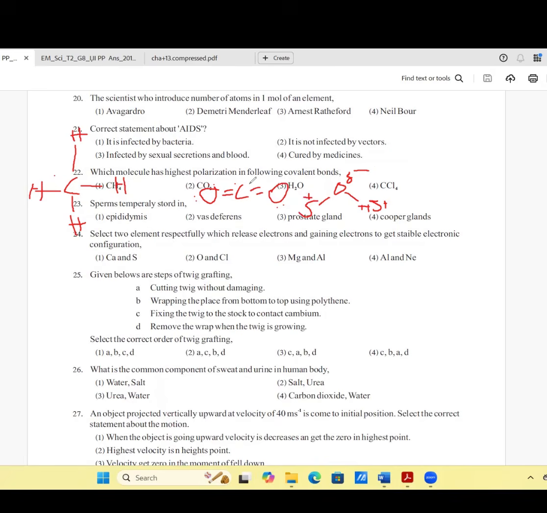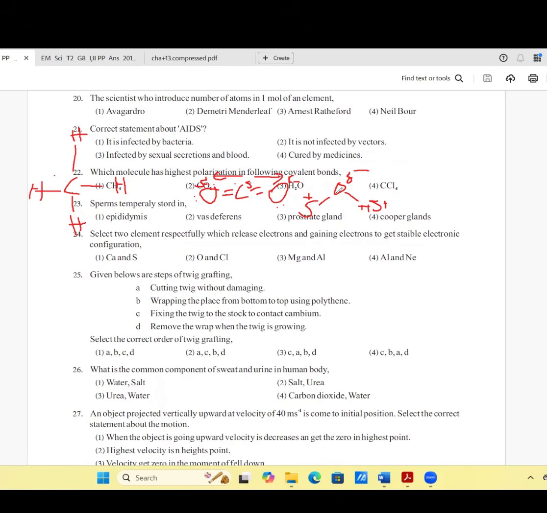Here it is not polarized because there's a small positive charge, and for the oxygens there are small negative charges, but you can see there is no net movement for this molecule. Into this direction there's a force, into this direction there's a kind of force, but no net force. Therefore it's not polar.